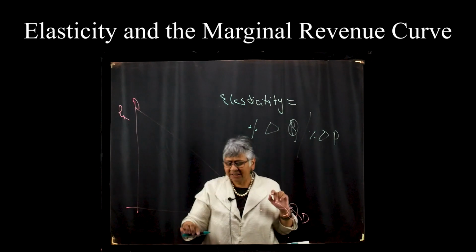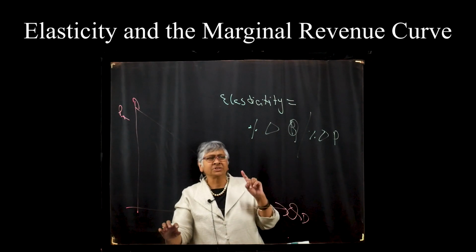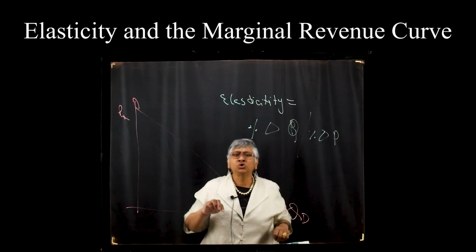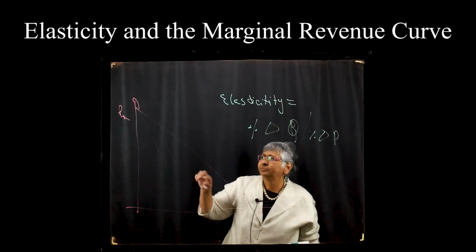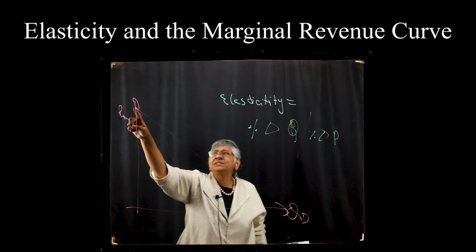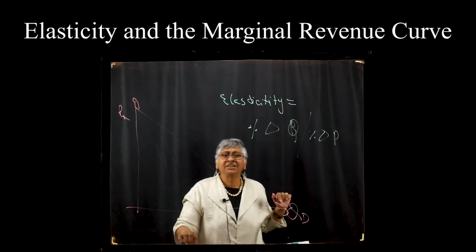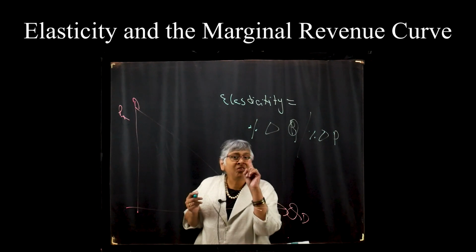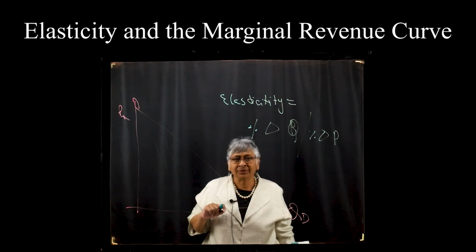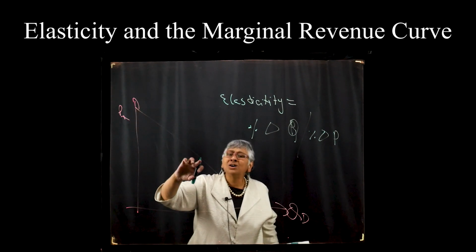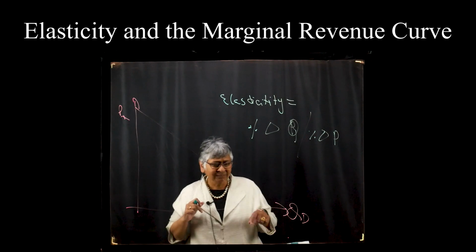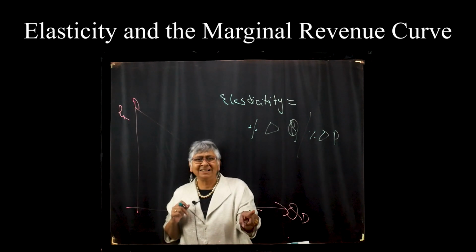So here is a very simple concept. If I've got a straight line demand curve, I start here. Price is high, quantity supplied is 0. That means my revenue is 0. As I move down this curve, I'll eventually end up here.